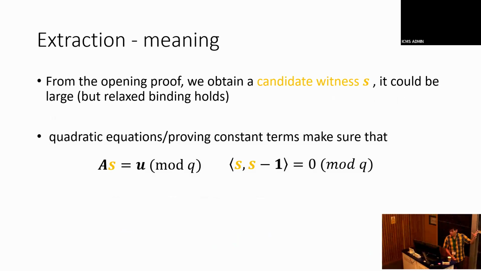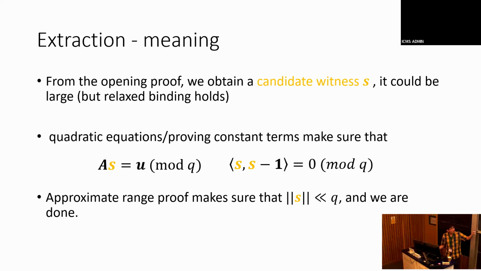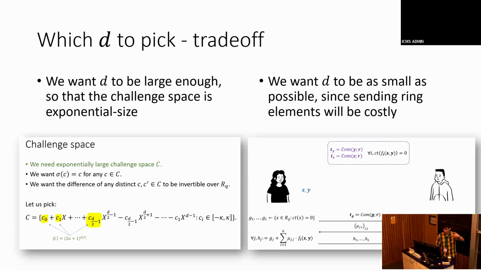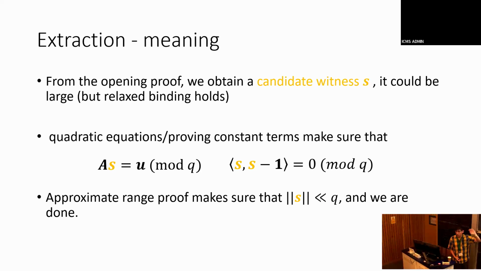From quadratic equations proving constant terms and so on, I get that my candidate witness satisfies all these algebraic relations. It's still big, right? But it satisfies all these linear relations. But also the approximate range proof makes sure that the norm of S is somewhat small. So this part does make sure that S is somewhat small. And then using our approach from the top to the bottom, we can deduce that S had binary coefficients.